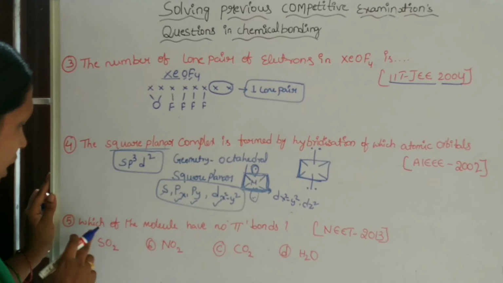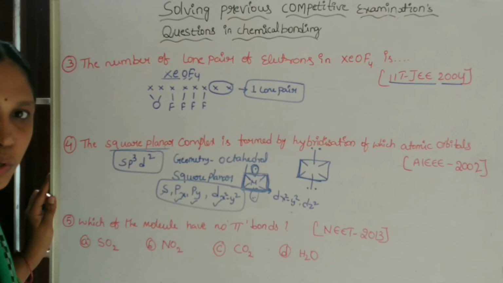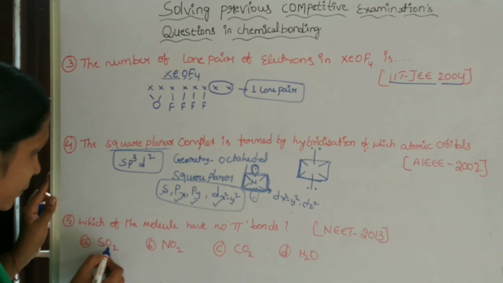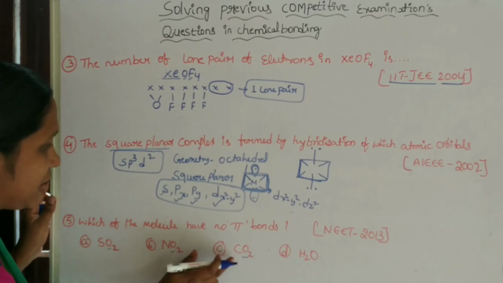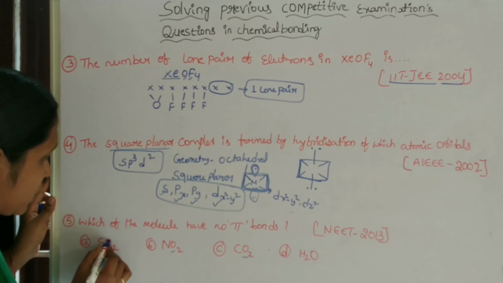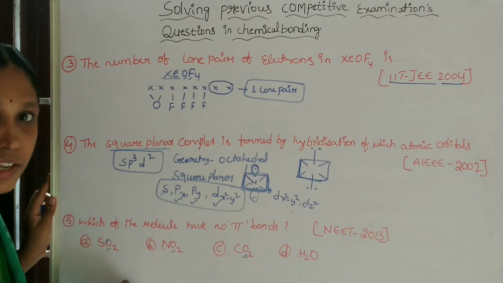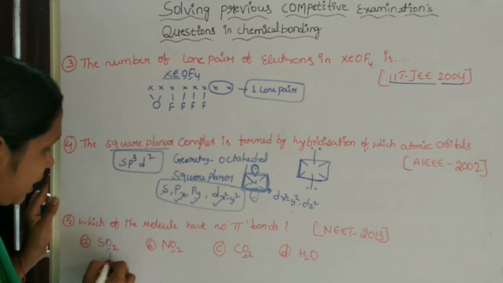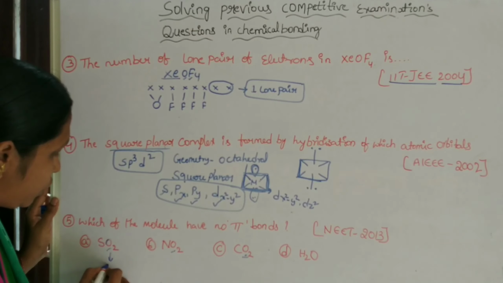Okay. And next, which of the molecules has no pi bonds? No pi bonds. Simple trick, see, in these A, B, C 3 options, oxygen is a surrounding atom. Oxygen is a surrounding atom, and here it forms 2 bonds.